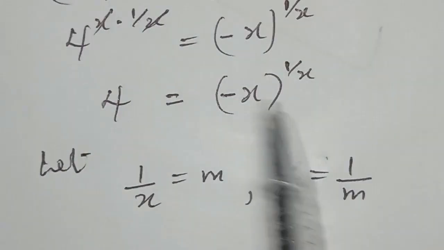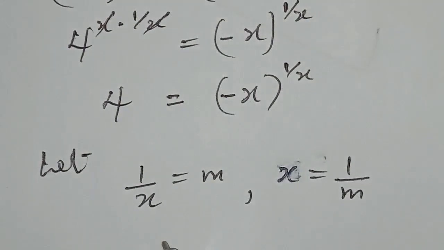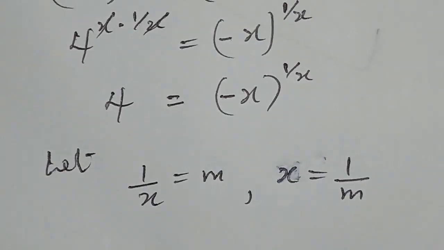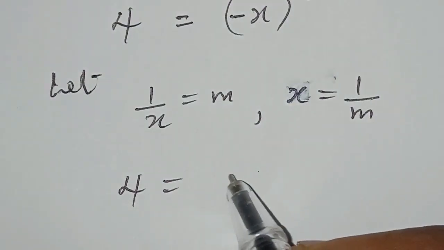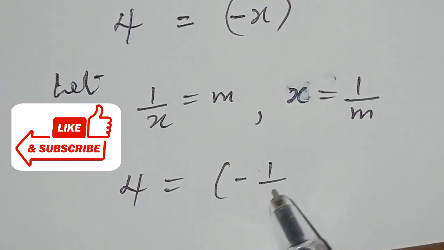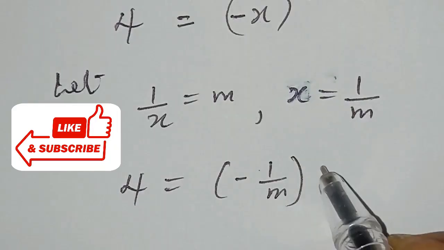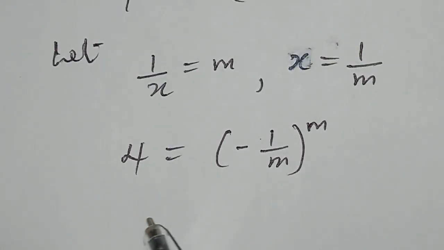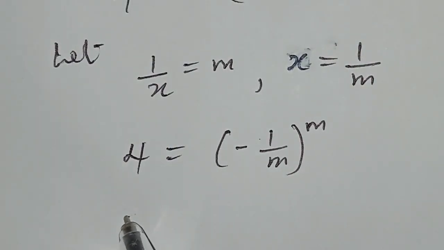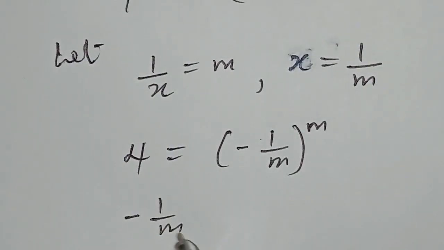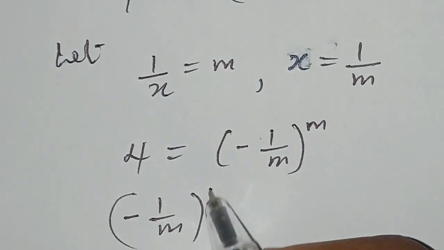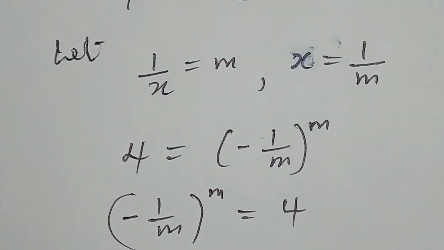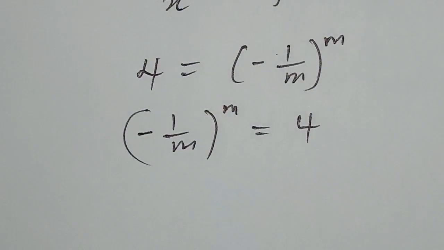Transforming that into our expression, we can now say 4 will be equal to, into brackets, minus 1 over m to the power of m. So if we write this properly, we can say minus 1 over m to the power of m is equal to 4. We have not changed anything.